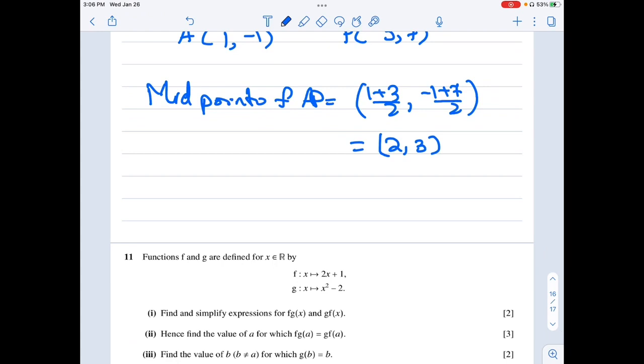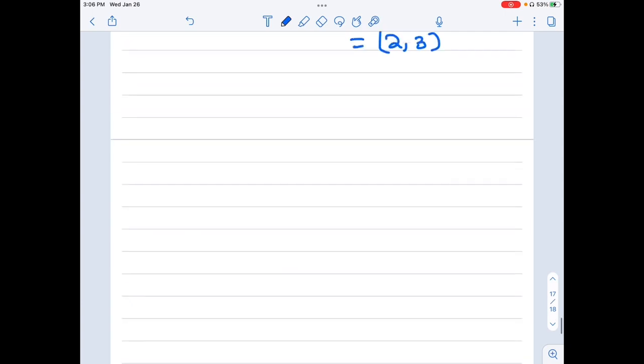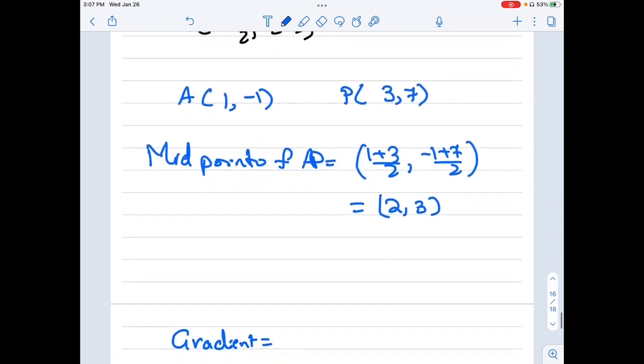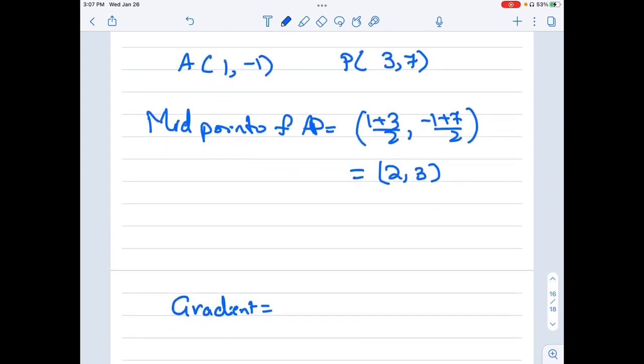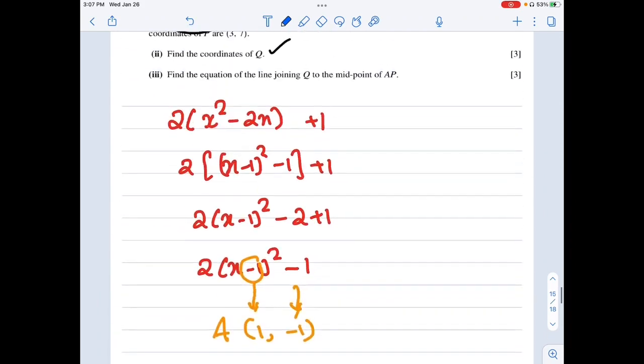Now I find out the gradient. What is he asking? Is it the gradient of AP?